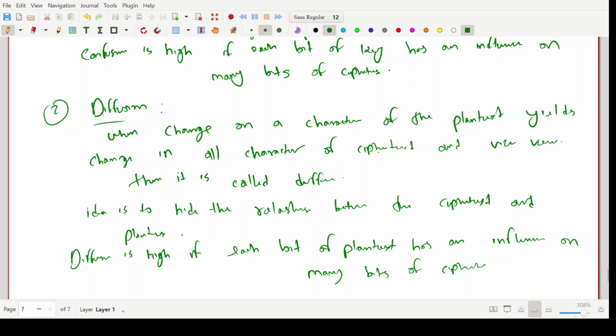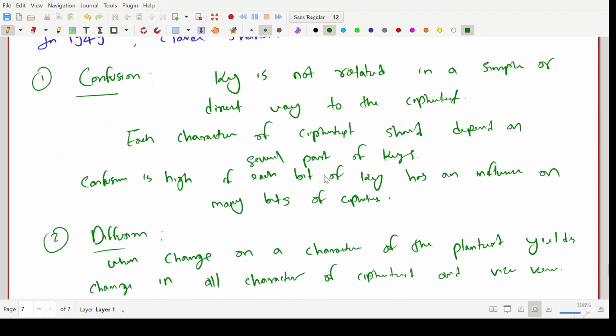So if you observe, in the case of confusion each bit of key has influence on many bits of ciphertext, whereas here each bit of plain text has an influence on many bits of ciphertext. So this is the difference between confusion and diffusion.